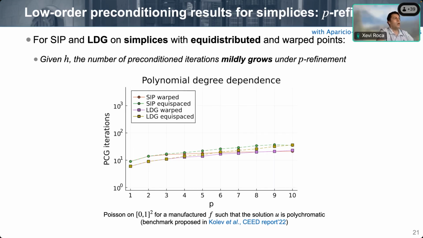What's going on? The higher the polynomial degree, the higher the number of iterations. It's not that bad, because you go from below the tens, around the tens, to between the tens and the hundreds. But it's not flat like the previous one.